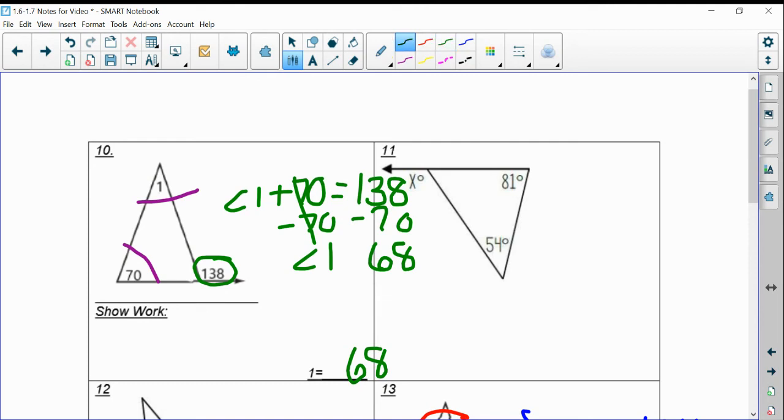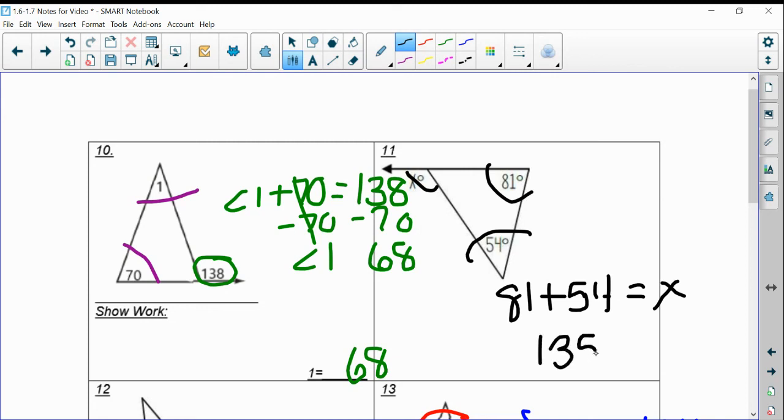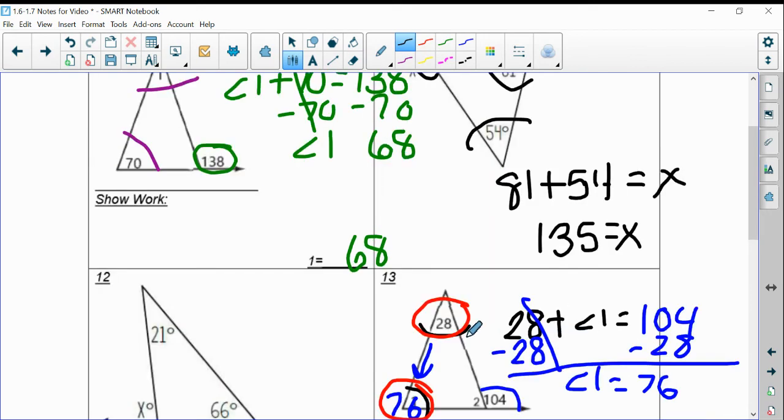All right, and then 11 and 12 should have been fairly straightforward. Our 2 non-adjacent angles, so not attached to this exterior angle. So 81 plus 54 should have been equal to that exterior angle we're looking for. So 81 plus 54 is going to give me 135. So our angle X is 135.